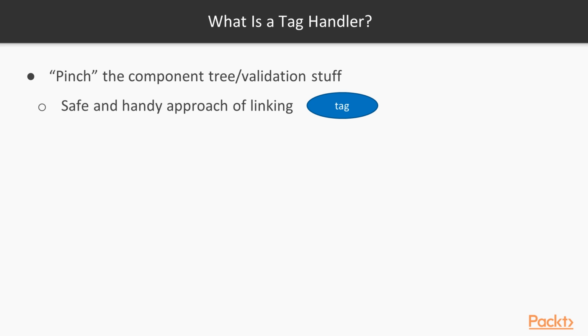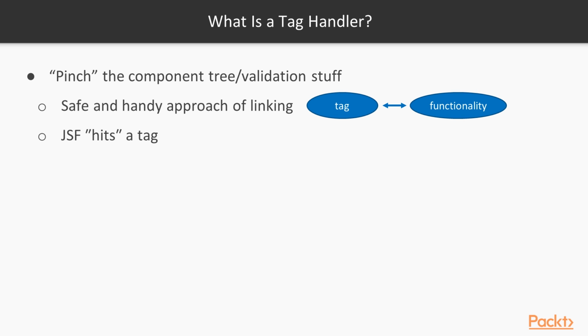So, a tag handler is just an optional snippet of code executed when JSF meets a built-in or custom tag in the XHTML page. When JSF hits this tag, it will execute the associated code.